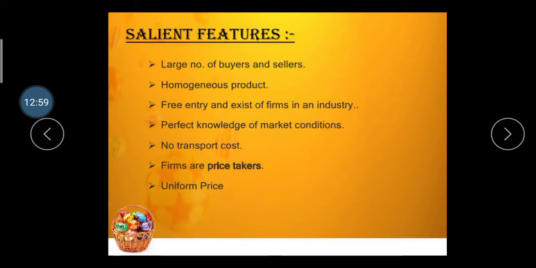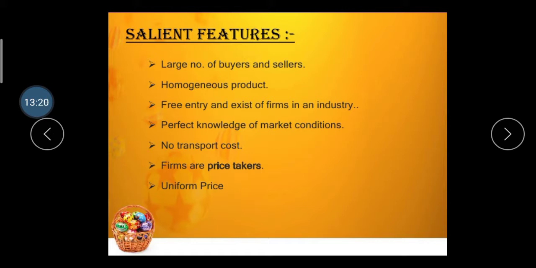What are the salient features? Not silent, salient features, meaning the important features. First one, a large number of buyers and sellers are available. Second, a homogeneous product is available. Homogeneous means same products. Third, free entry and exit of firms in the industry.